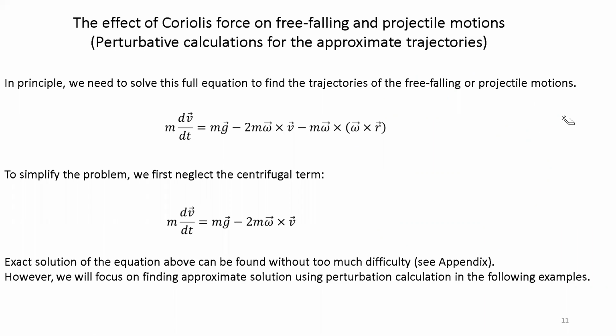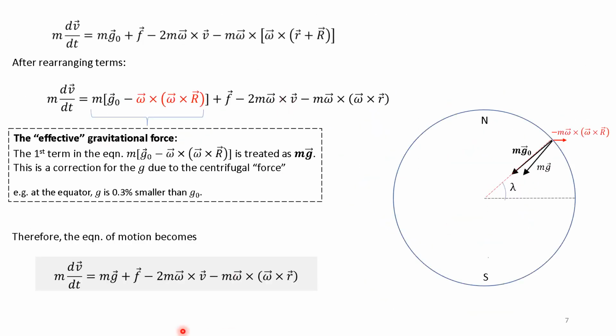Okay, so next we are actually going to consider a particle that is moving in the rotating frame. Then that's how the Coriolis force comes in. In principle, we have already derived the most general form for the equation of motion that we need to solve. But in the examples that we are going to talk about, it will be either just a projectile motion or a free falling motion.